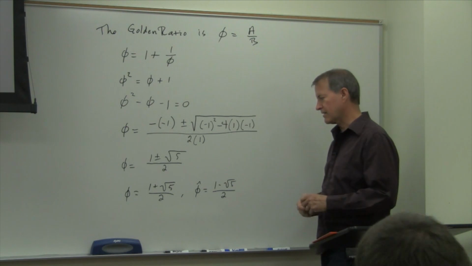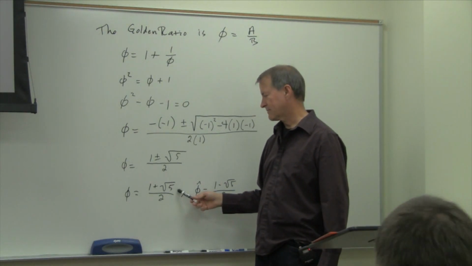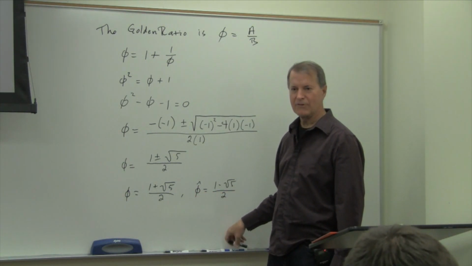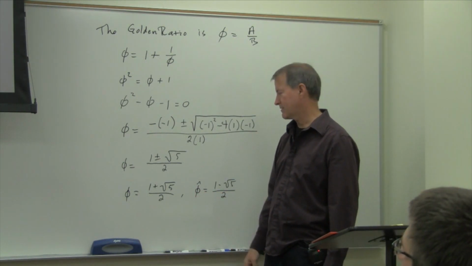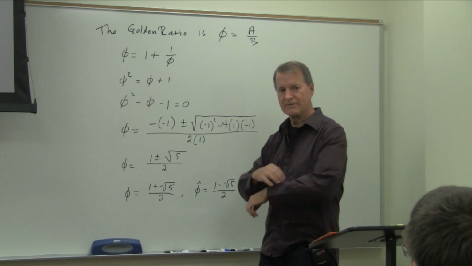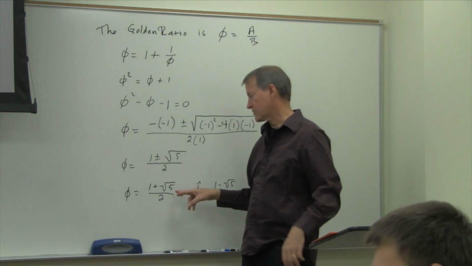Now, somebody have a calculator? Nobody has a calculator? Well, what's the square root of 5? Roughly 2.13, something. It's not pretty. Oh, you have a calculator.